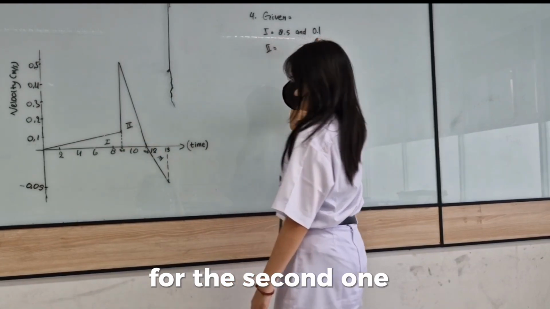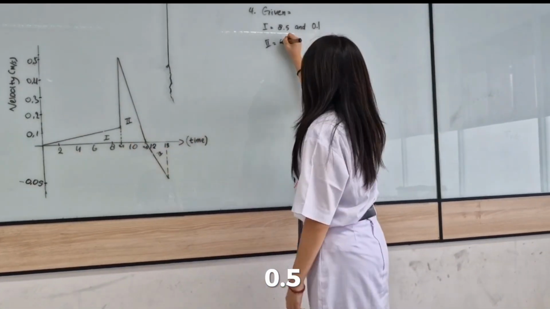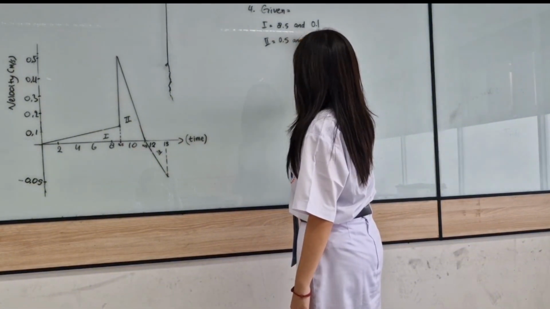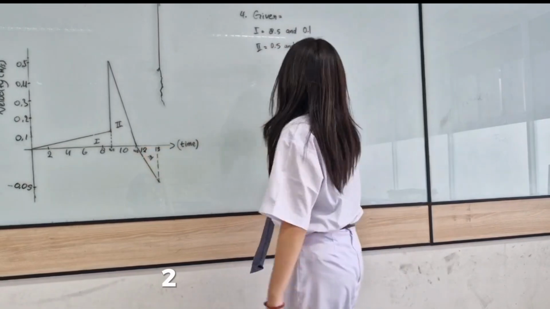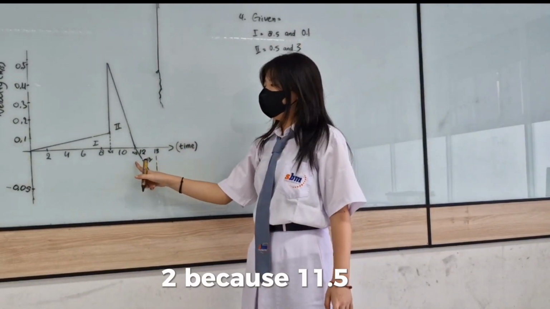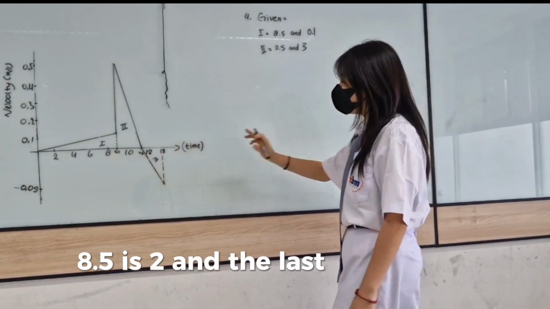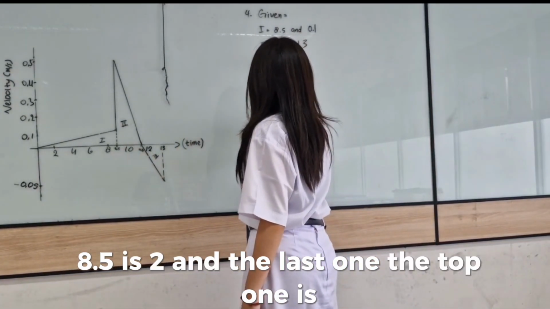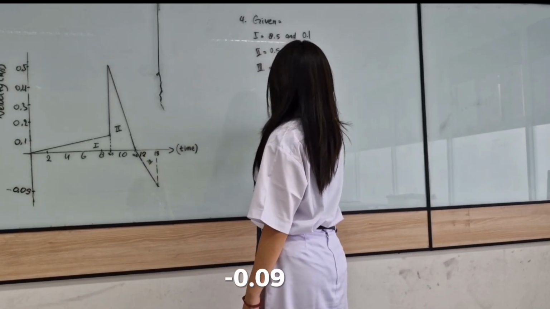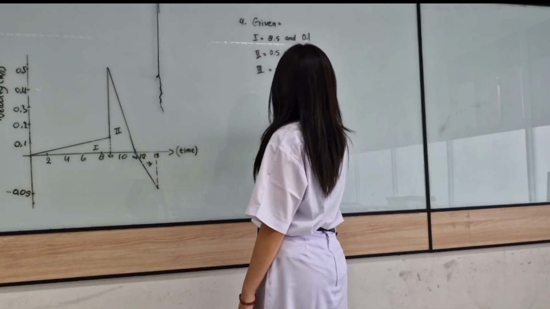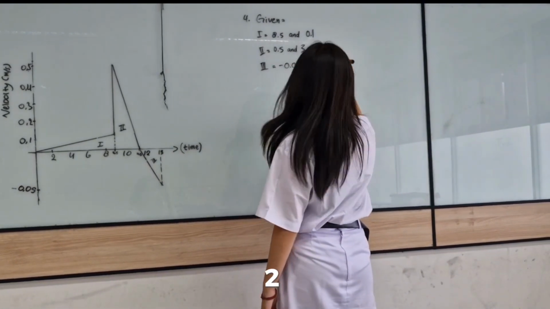For the second one is 0.5 and 3, because 11.5 minus 8.5 is 3. And the last one, the third one, is minus 0.09 and 2.